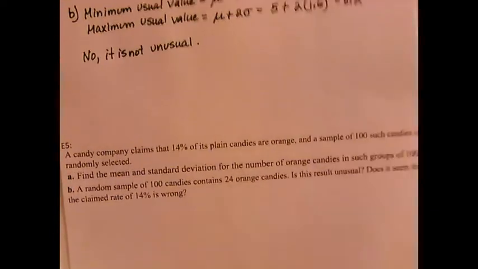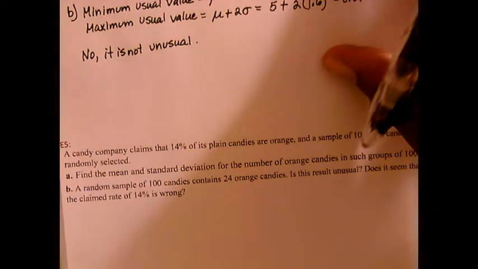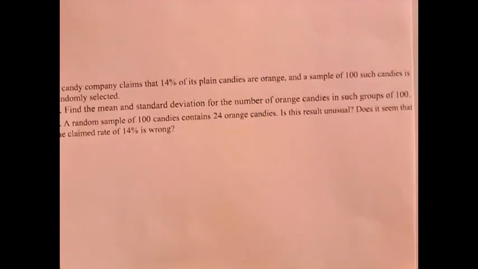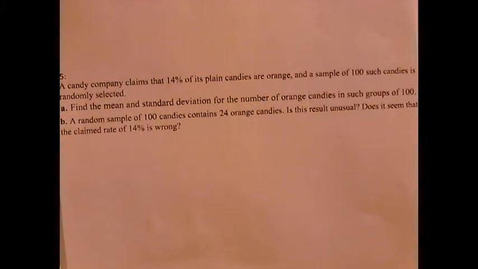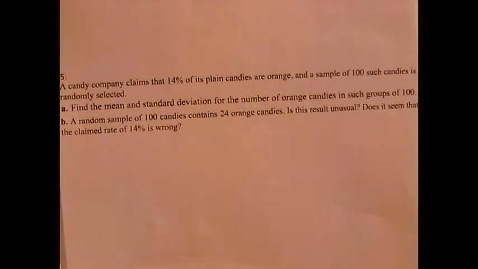Okay, here's the next example. A candy company claims that 14% of its plain candies are orange, and a sample of 100 such candies is randomly selected. Now in part A, you want to find the mean and the standard deviation for the number of orange candies in such groups of 100.